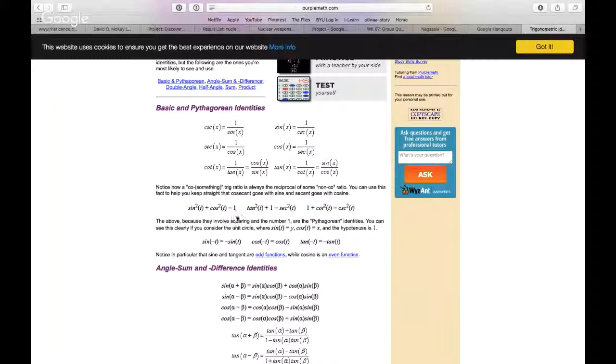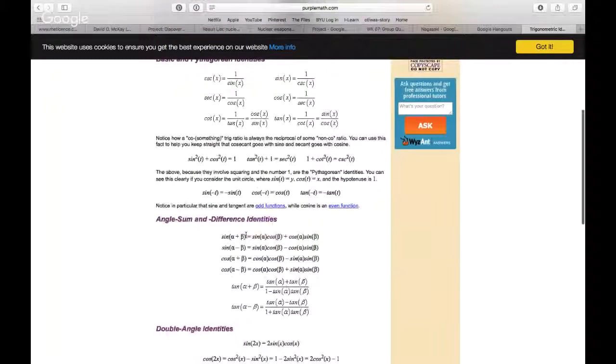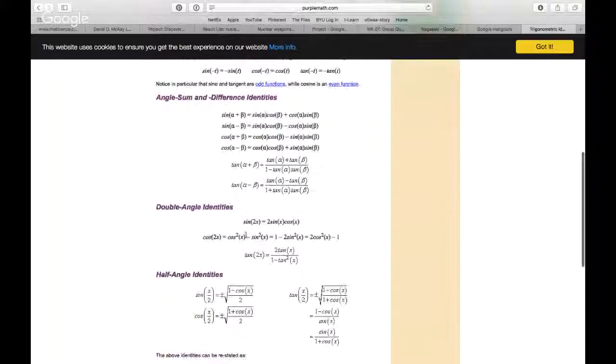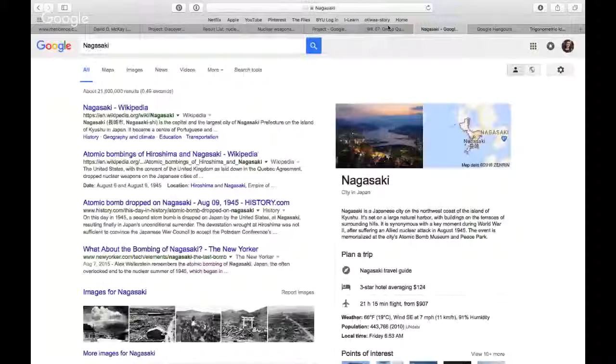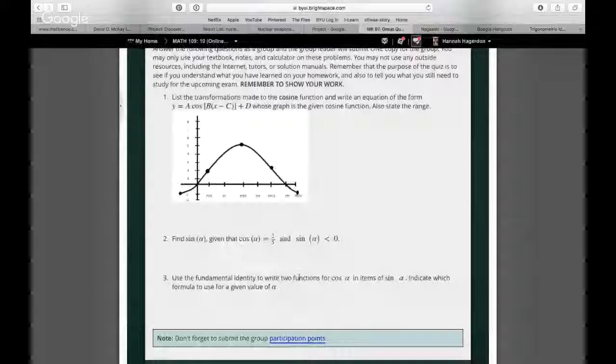Basic and Pythagorean identities. I don't understand. So what would we put for number 3? Put it in terms of sine.